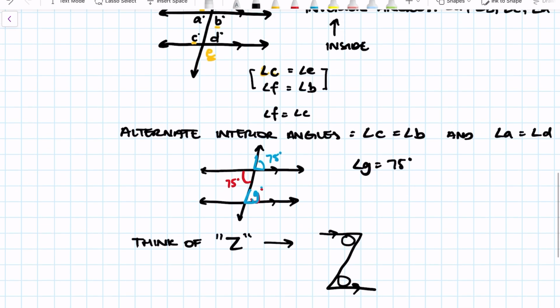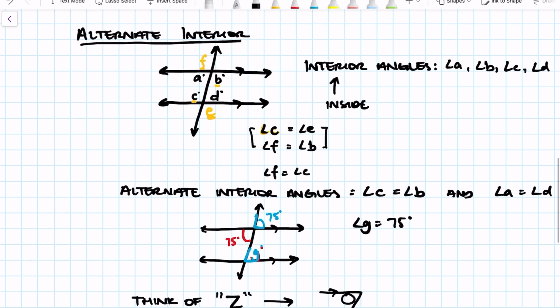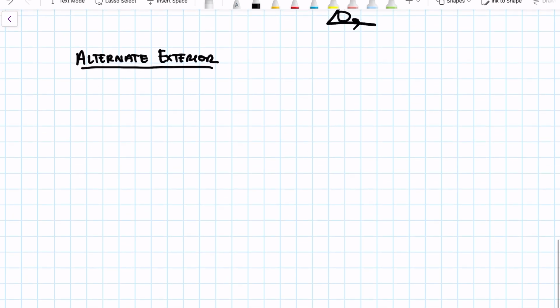All right, for alternate exterior angles, we should be able to draw something similar to what we did earlier. So we'll have the two parallel lines with a transversal that goes across both. And these are parallel. Let's remember to put that.